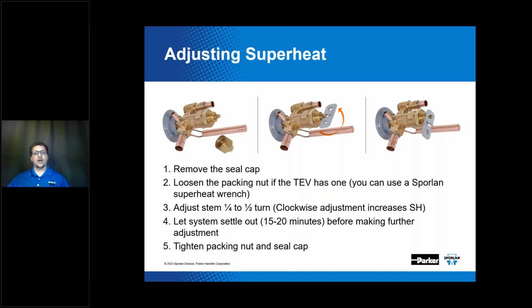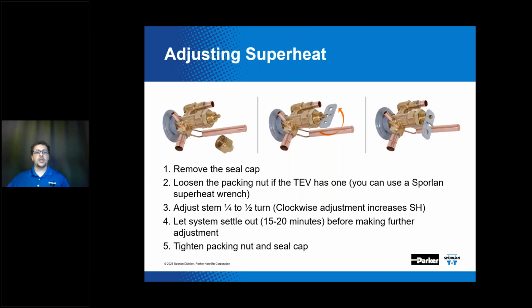After you get that packing nut loose, you will adjust the stem a quarter to a half turn at a time. Turning that clockwise increases the superheat. Turning counterclockwise decreases the superheat. Point number 4 is very important. After you make that adjustment, a quarter to a half turn at a time, you need to let the system settle out.